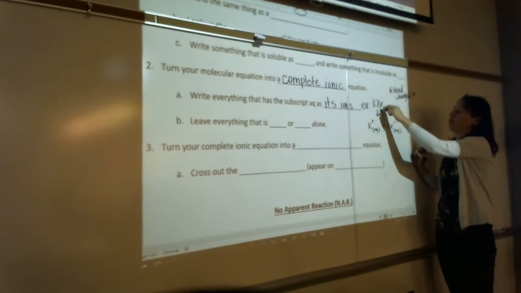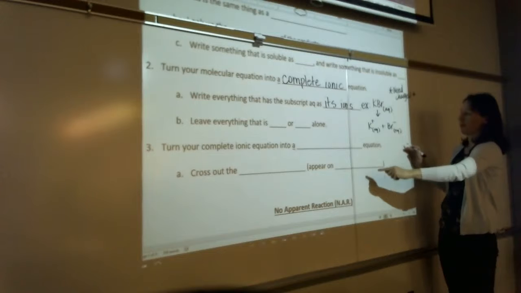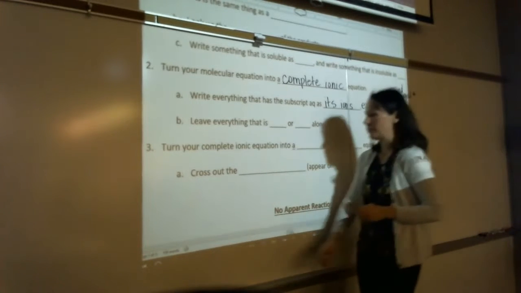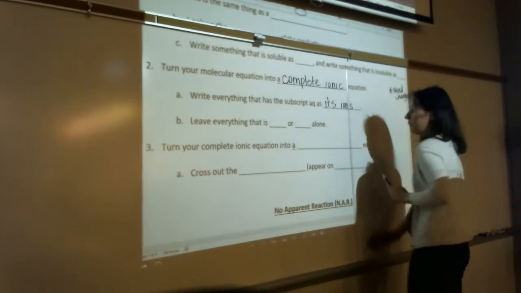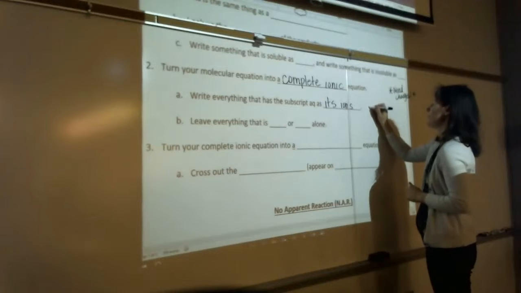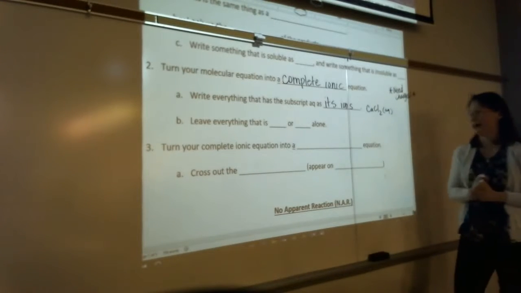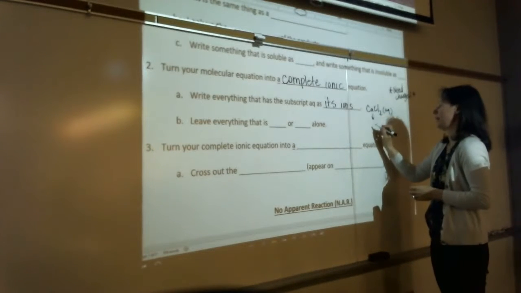So make sure when you dissociate this in step two, if it's got the aq subscript, you've got to split it back up. You've got to uncrisscross those charges. Also be careful of this: if you have, say, CaCl2(aq), and you're trying to dissociate that, how does that dissociate?